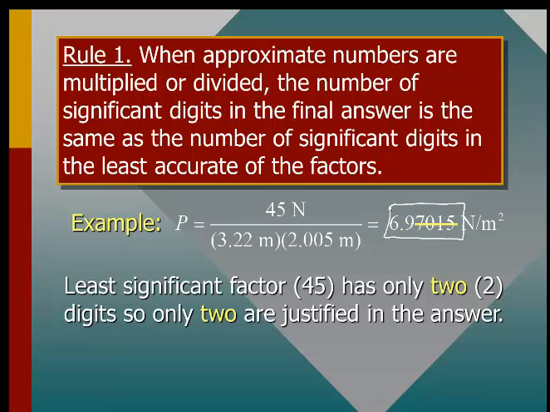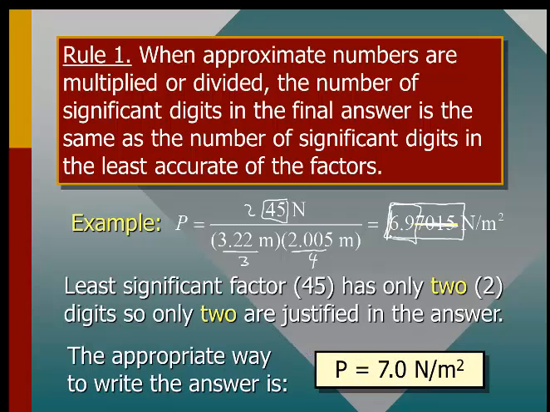You have to go back and say, how many sig figs am I justified in carrying? Well, in this case, when you're multiplying or dividing, you go with the number with the least number of sig figs. So this has 3 sig figs, this has 4 sig figs, and this only has 2 sig figs. So that's why we end up crossing out and going with 6.9 as our answer, only 2 sig figs.